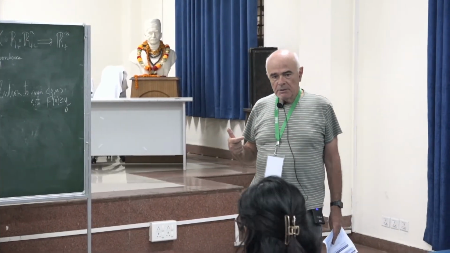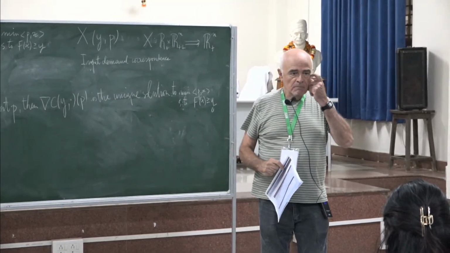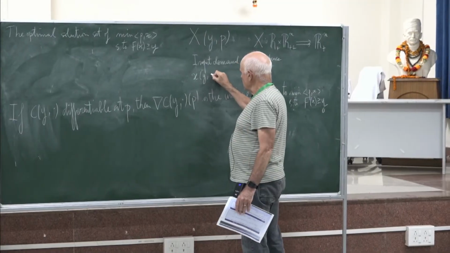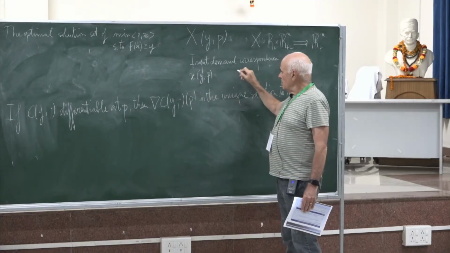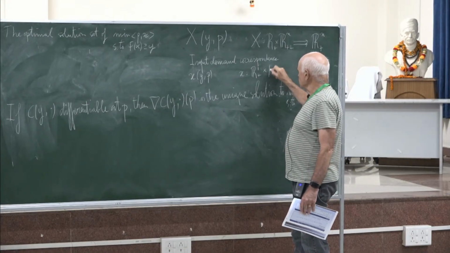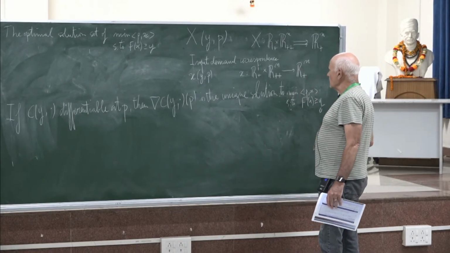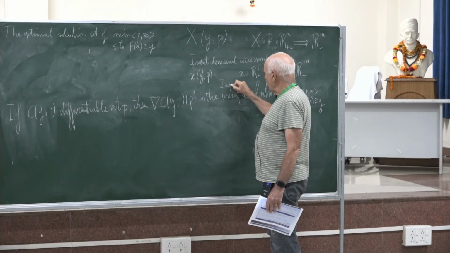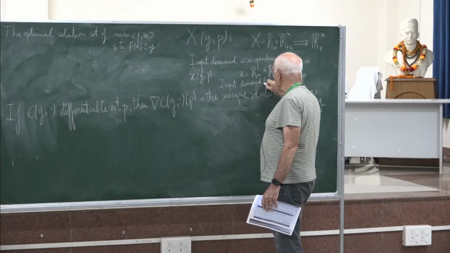Is this terminology clear? In some cases, as when the cost function is differentiable, this is just a singleton. So this set has only one element. In this case, we have a function, not a set valued mapping. And it is called the input demand function.